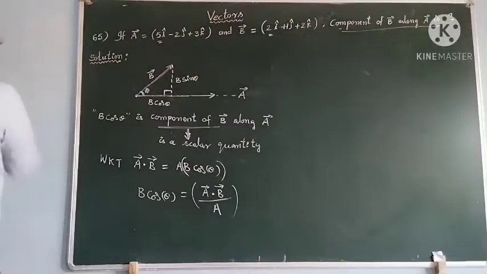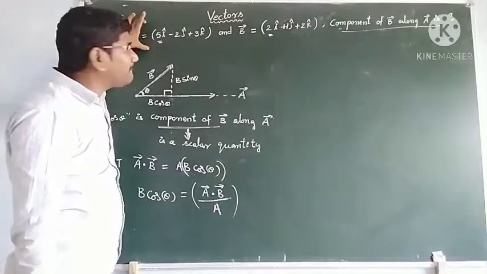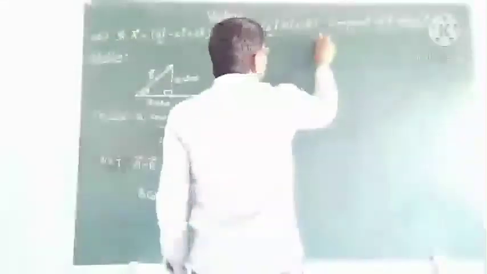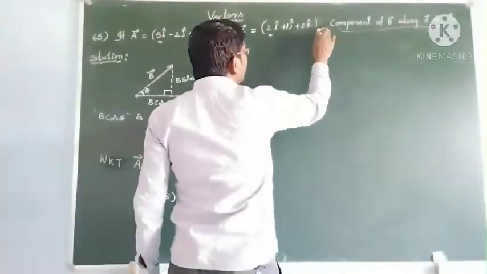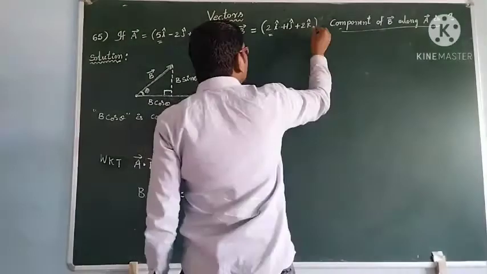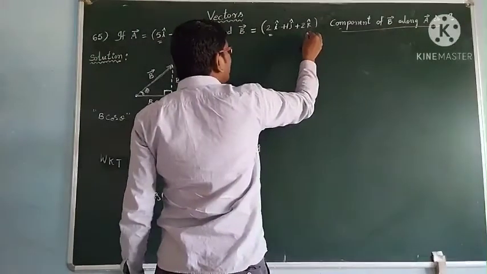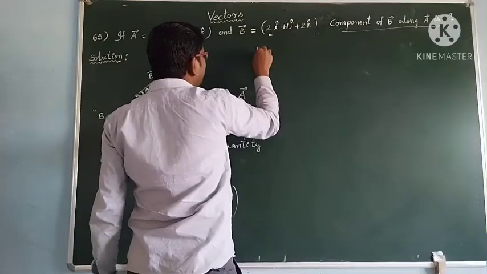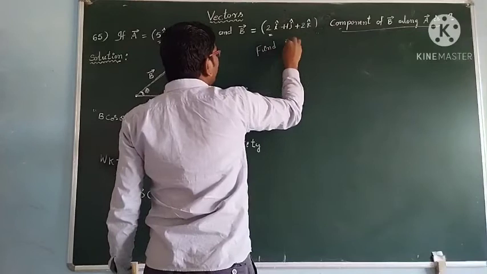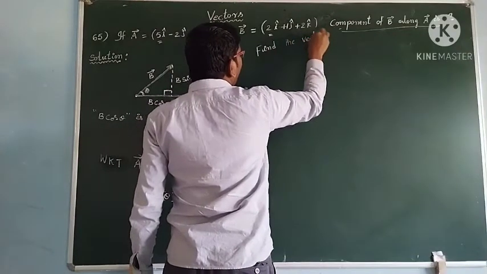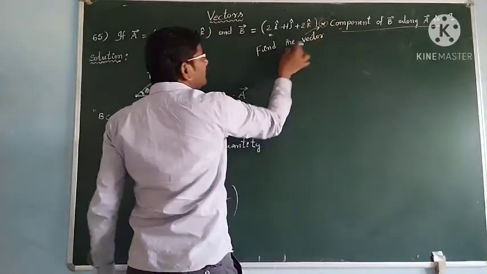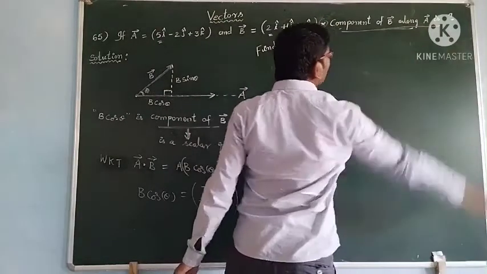A bar is a vector given and B bar is a vector given. Find the vector component of B bar along A bar.